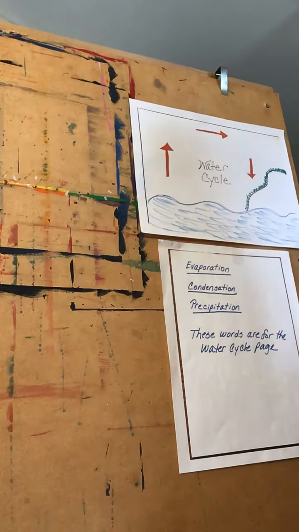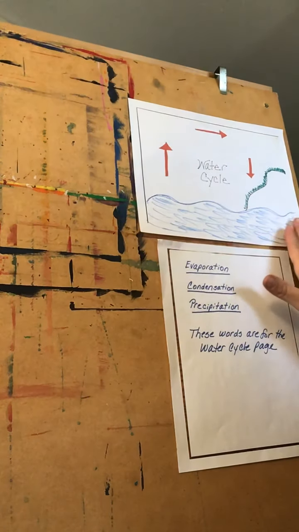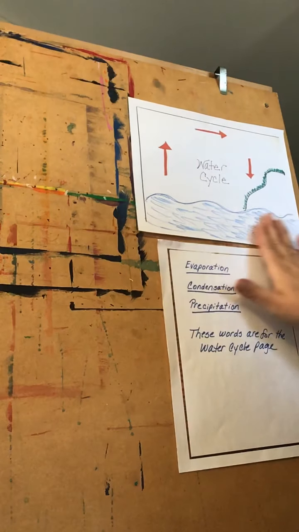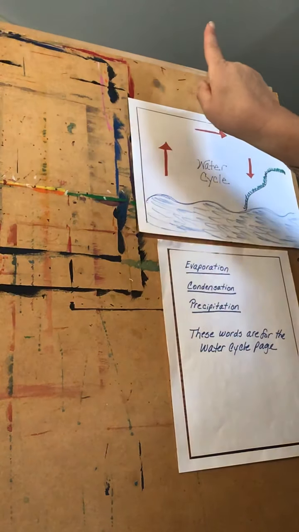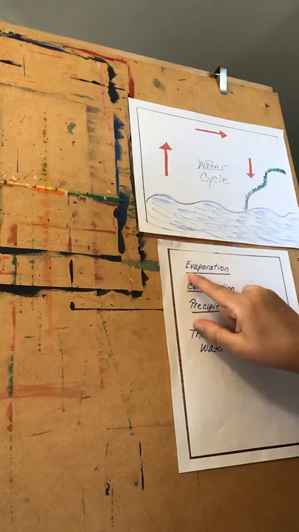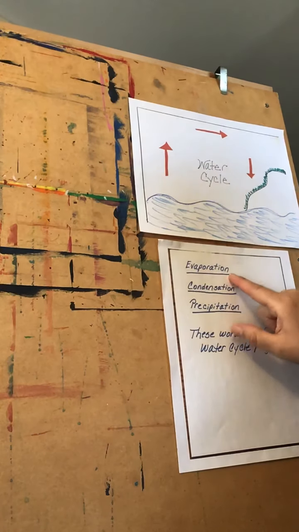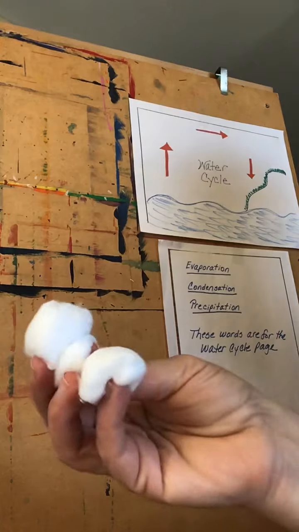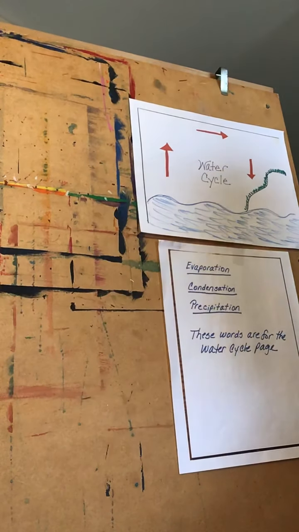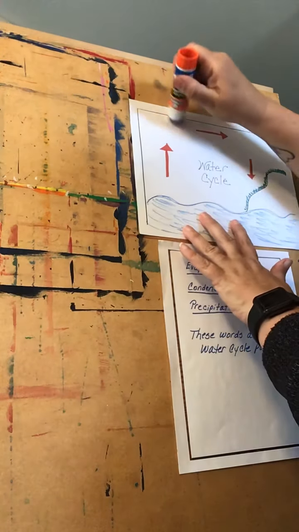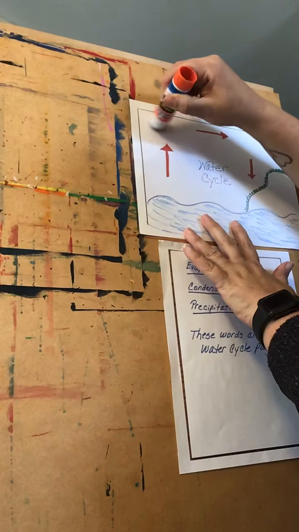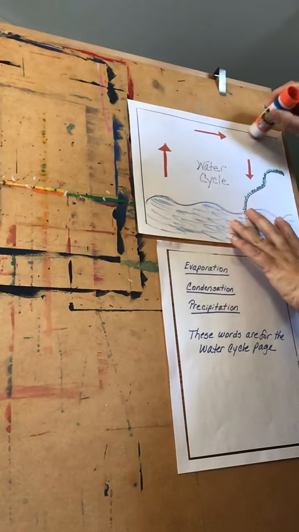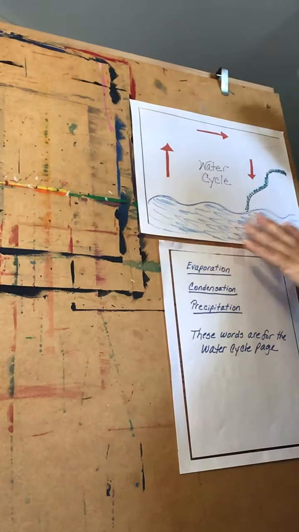And we were taught that water goes up into the sky, and we call that evaporation. And then it causes clouds, right? So the clouds are going to be cotton balls. So we are going to glue some cotton balls here and some cotton balls on this side to make clouds, okay?